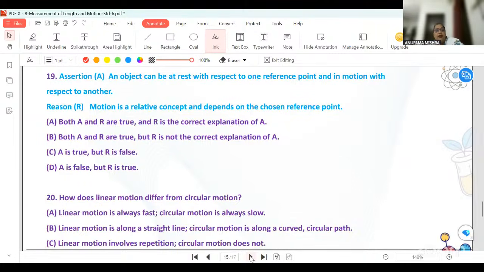That is true, but it is not the correct explanation of the assertion. That's why we will say both A and R are true and R is not the correct explanation of A.